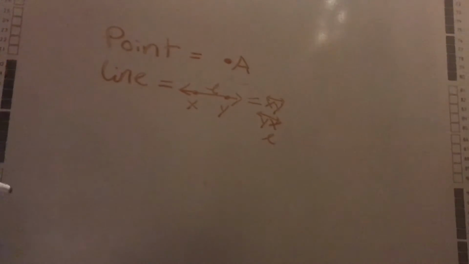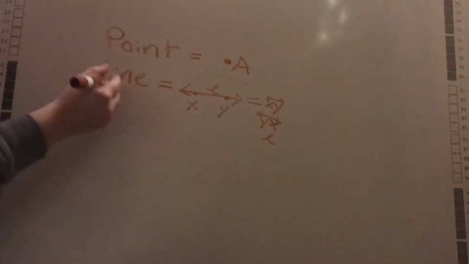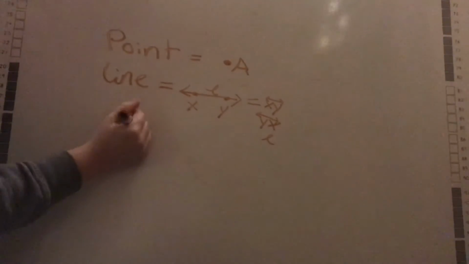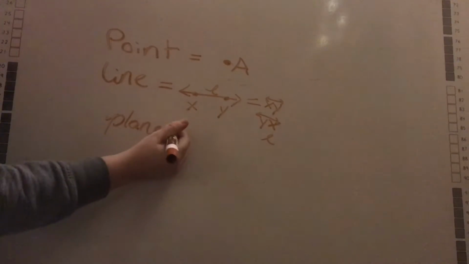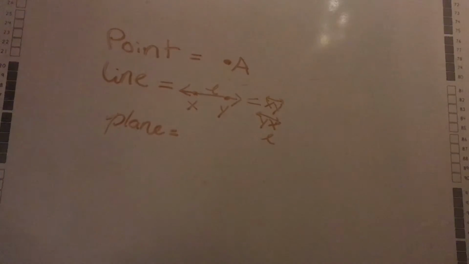Now the last thing we have for this section is a plane. So you have a point, a line, and a plane. A plane is a flat surface that extends forever. Any 3 points can make up a plane.